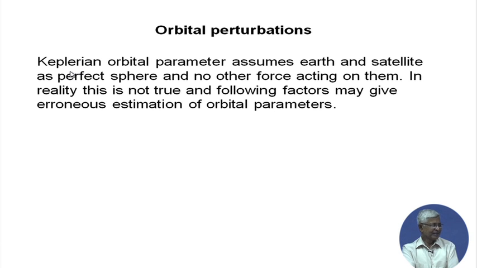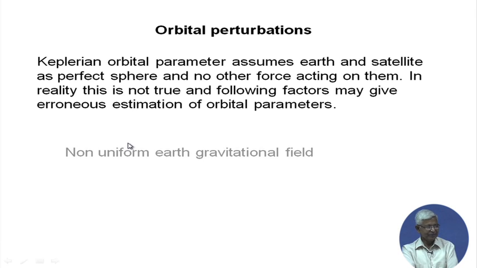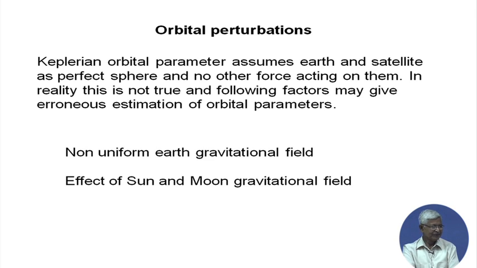Just now, as I stated, Keplerian orbit parameters assume that Earth and satellite are perfect spheres and no other force acts on them. In reality, it is not true, and that may give erroneous estimation of the orbital parameters. So, one of them is the non-uniform Earth gravitational field. You can quickly intuitively say that there is a lot of ocean body and land mass which are not uniformly distributed.